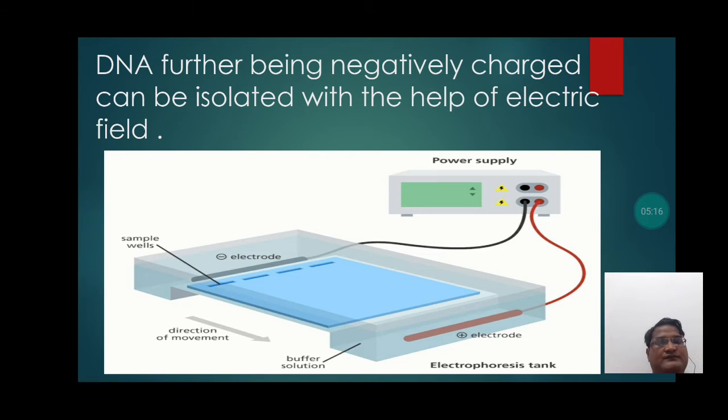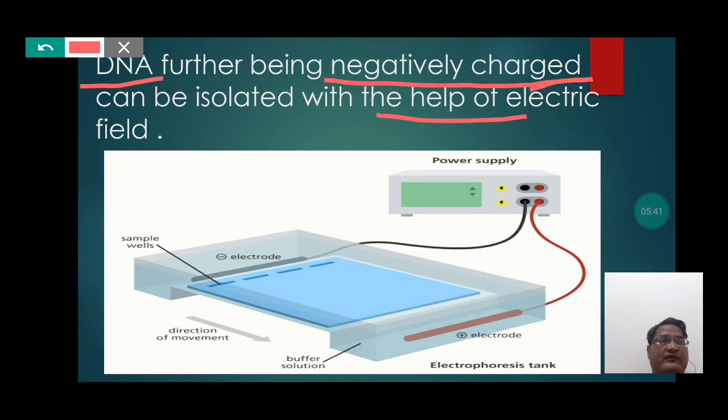DNA further being negatively charged can be isolated with the help of electric field. So students, here we can notice that DNA is actually negatively charged, and to isolate this negatively charged DNA there is requirement of electric field.